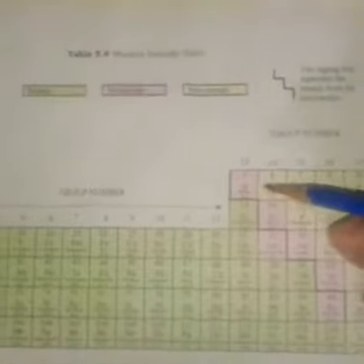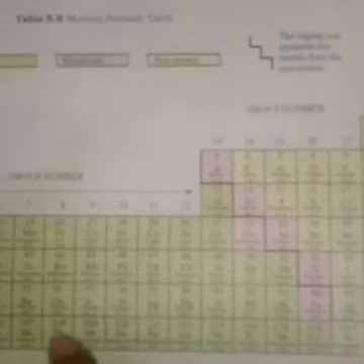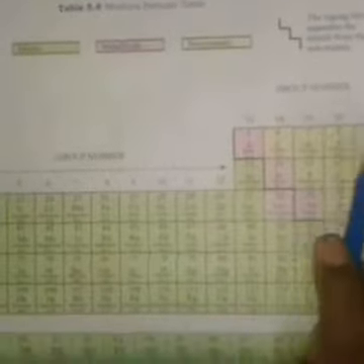Likewise for all the groups. Second group means its valence electrons will be 2, third group means 3, and so on. Here it is actually group 13, but we will consider it as group 3. Here is a different section of metals called transition metals or transition elements, which we are not considering now. We have to study in this order from group 1 to group 18.